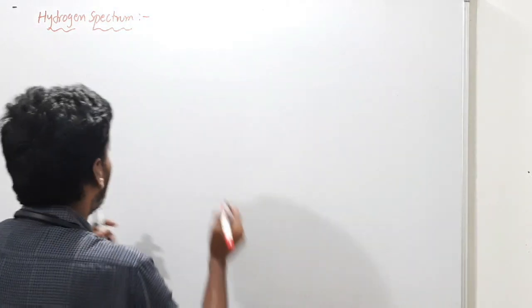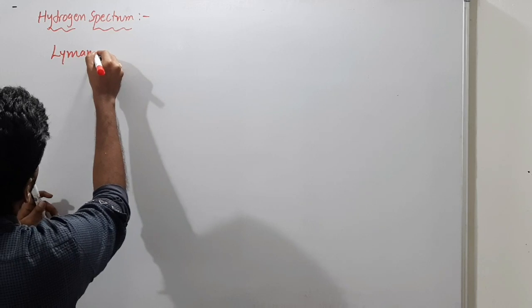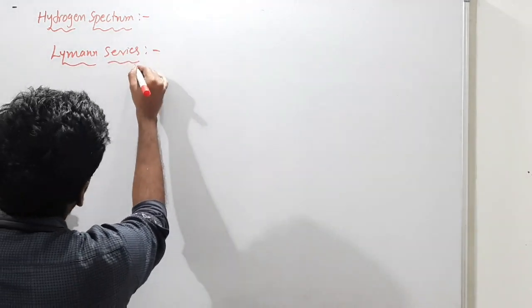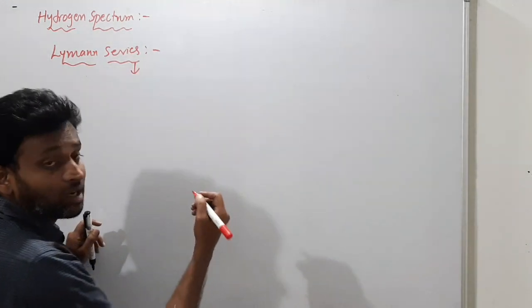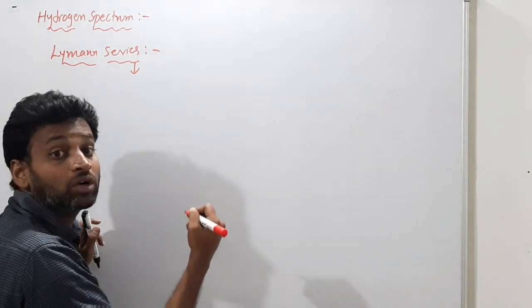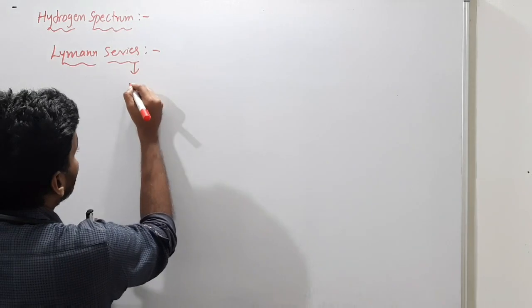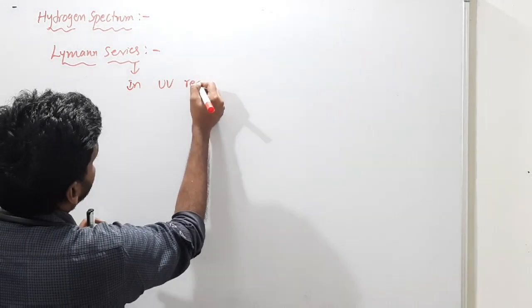Later on, one more scientist, Lyman, observed a series of spectral lines as the electron comes from a higher level to the ground level, that is n equal to 1. He observed them in the UV region.